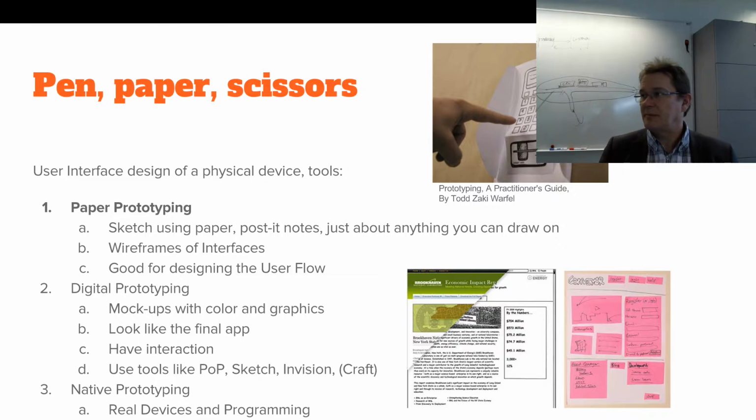Native prototyping usually requires a lot of programming, so it's already quite close to the product. But before that, there should be tons of paper prototyping and some digital prototyping done before going into the native prototyping. So native prototyping is a little bit more time consuming, and it's not necessarily any more rapid prototyping.